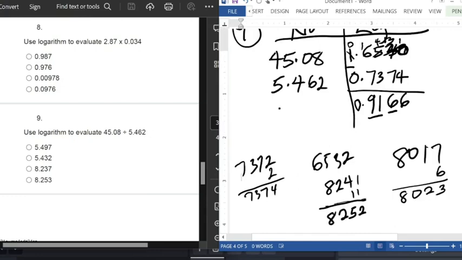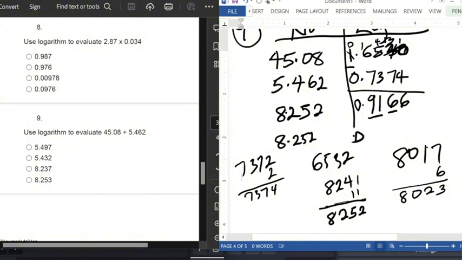So that means we're going to have 8252 here. Don't forget what we have here is 0. 0 plus 1 is 1. So we count 1 and put our decimal point here. So our answer will be 8.252.